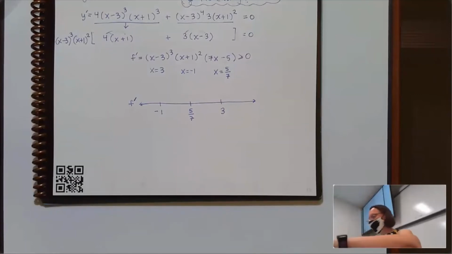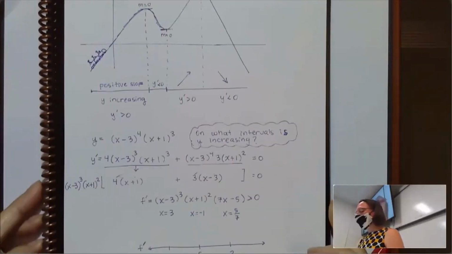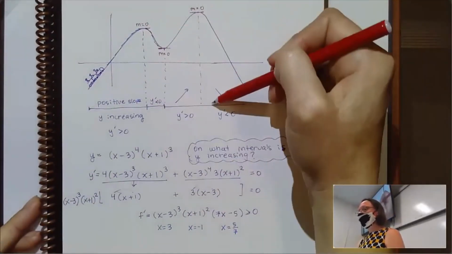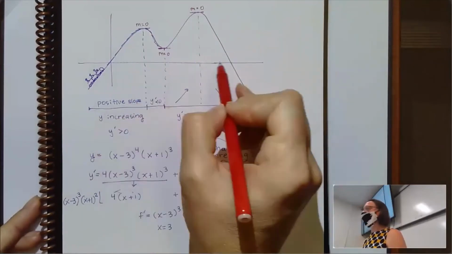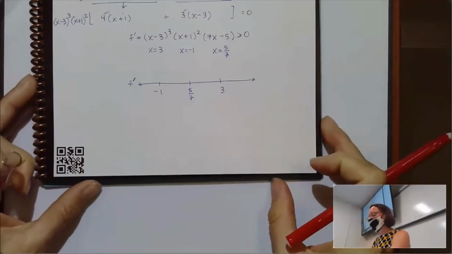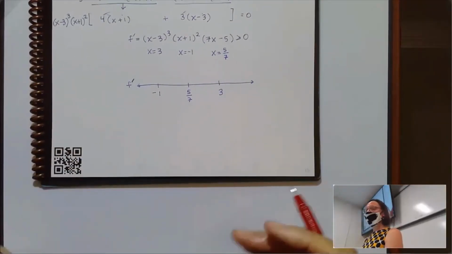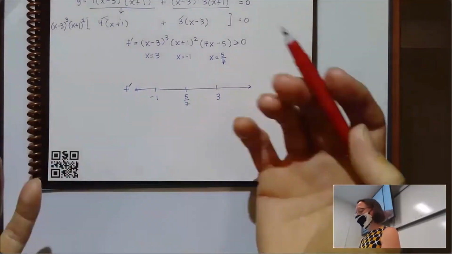Today, I've divided our graph up just like we divided the graph up here between the places where the slopes are 0. And in each of those regions, I need to find out if the derivative is positive or negative. So I'm going to pick some test points since we don't have a graph.